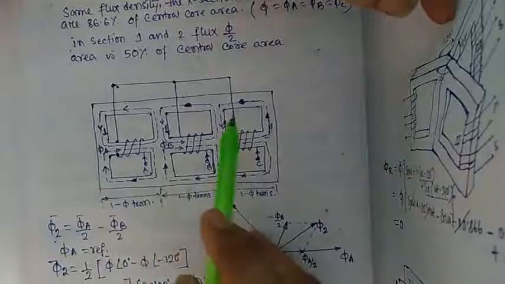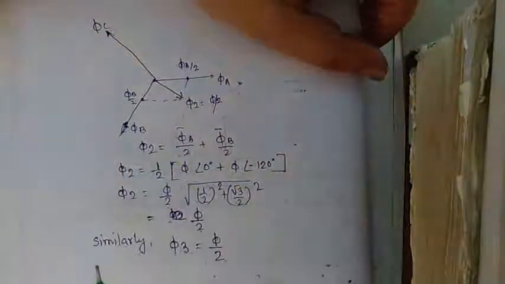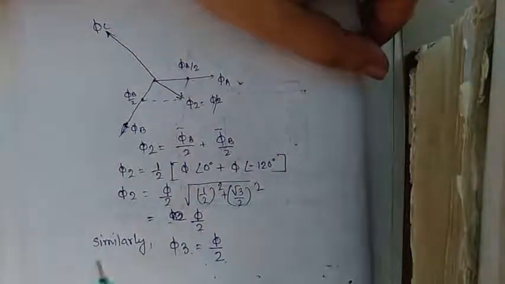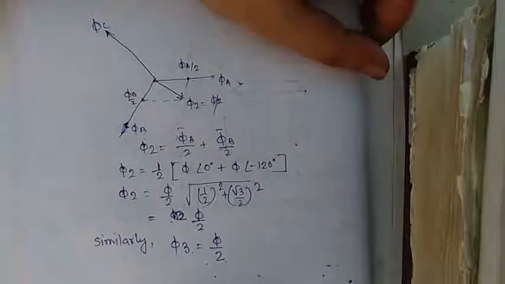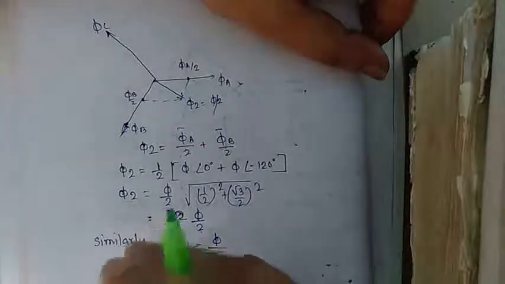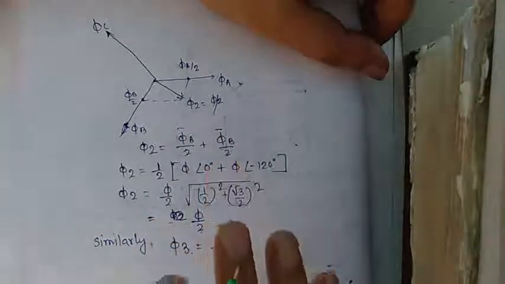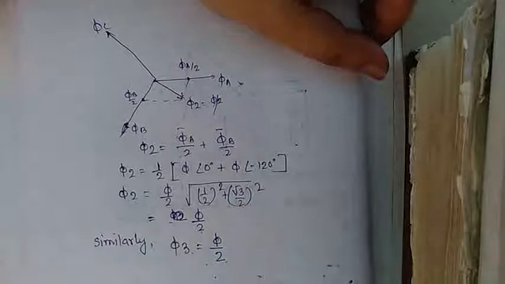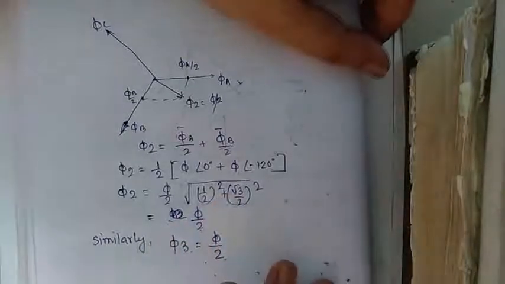So this type of construction, when B is wound in the reverse direction, is more effective than when it is wound in a similar pattern, in the same direction in A, B, C. So this is most economical when winding B is wound in the reverse direction.